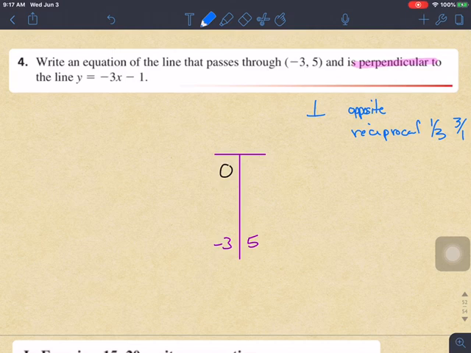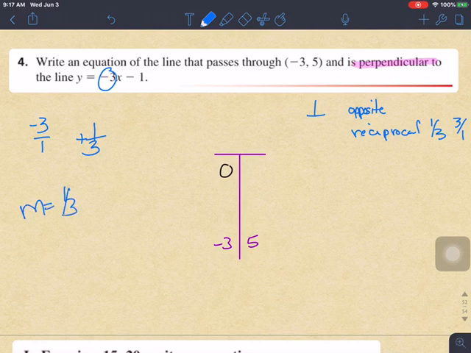So it's not going to be too hard to find the slope. We have already been given a slope of -3. Now, -3/1 is the current slope, so the opposite sign is positive. This is going to be a positive slope, and instead of 3/1, it's going to be 1/3. So our m is 1/3.